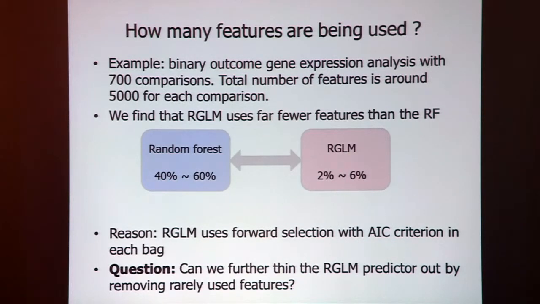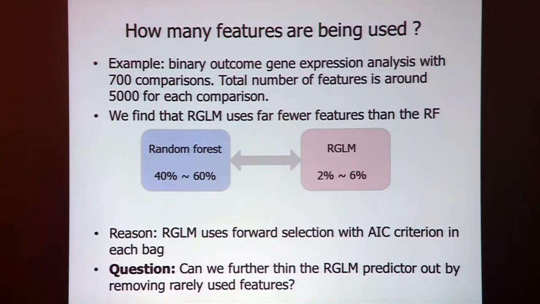So to give you some numbers, when you fit a random forest predictor based on these trees and you look at the variable importance measures, then often it really involves 40 to 60% of the genes you started with. But the random GLM already only uses far fewer genes. And why is that?